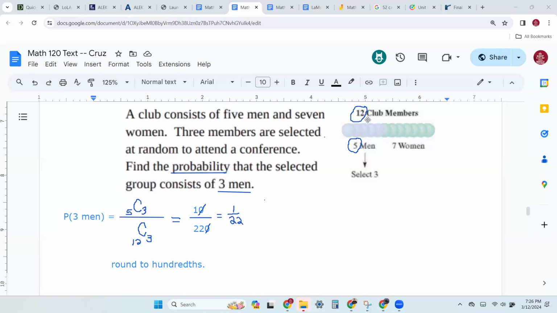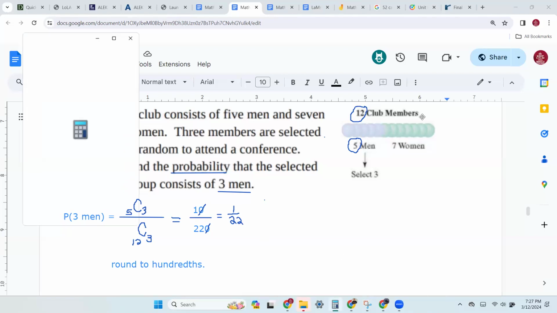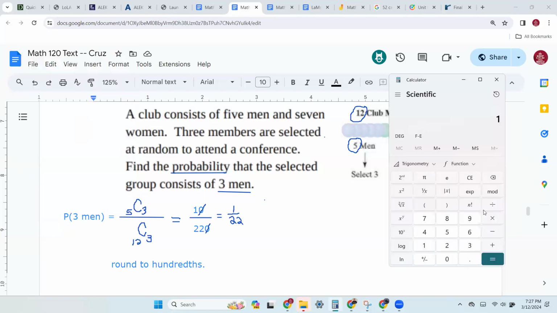Calculator is always a good place to start. So how can I convert that fraction to a decimal value? Divide it. Yeah, you're going to take 1 and divide it by 22.